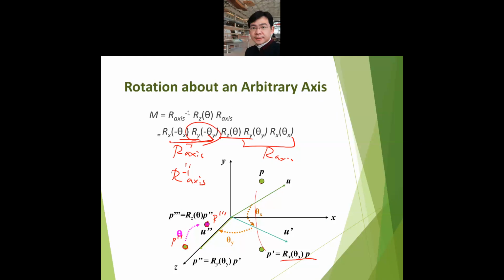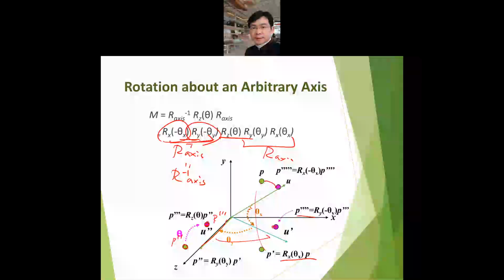When we apply the inverse process, it moves our P triple prime to P quad prime, and it will be here. Then once again we apply the inverse of Rx here, and it will move to here. Our goal is to find a theta here.